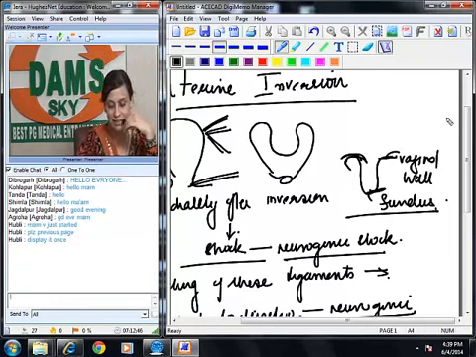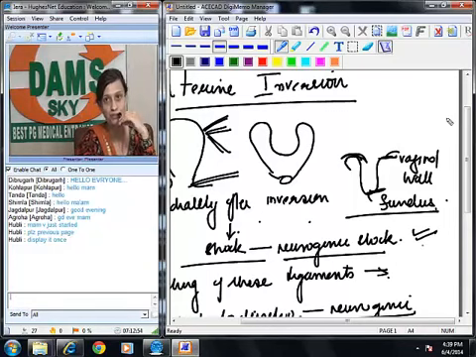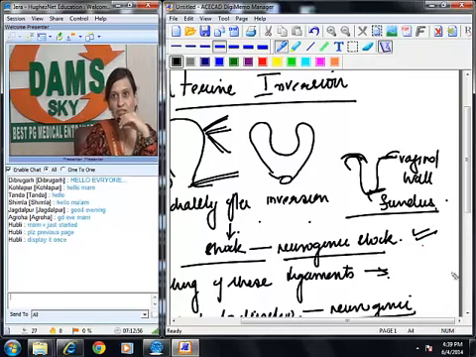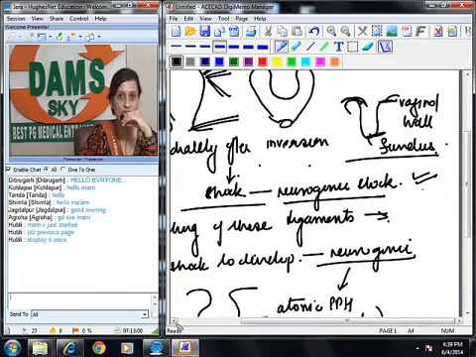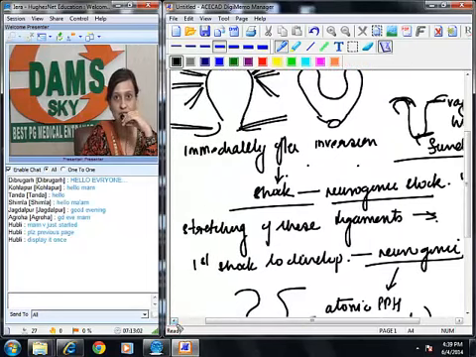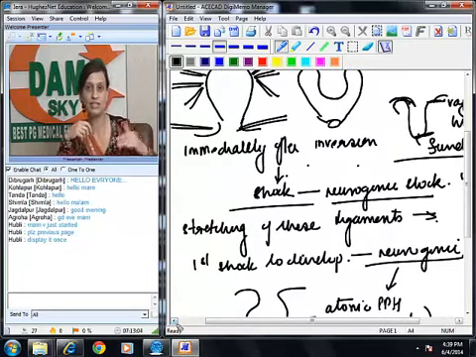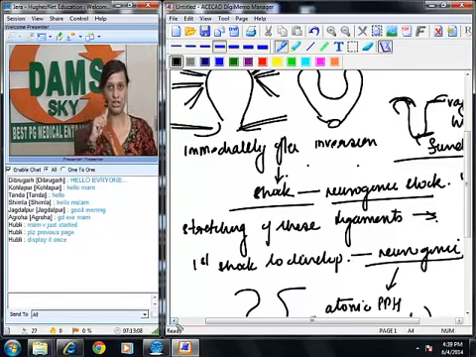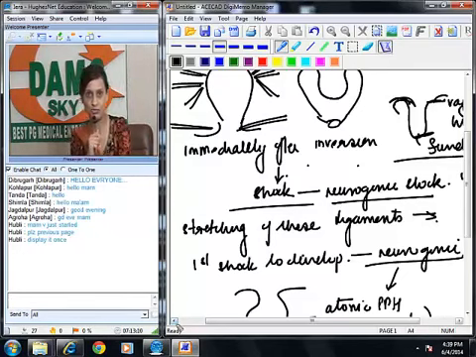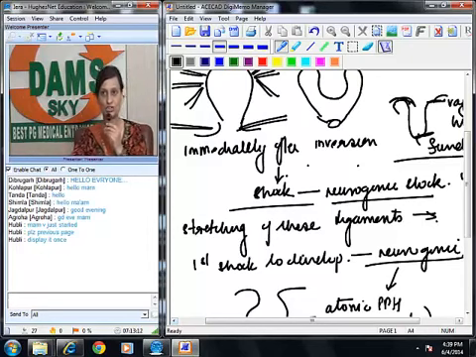Then we said that immediately after inversion occurs, the patient goes into shock, and the type of shock is called neurogenic shock, right? The reason for this neurogenic shock is stretching of the uterine ligaments. There are a lot of ligaments attached to the uterus, so these ligaments undergo stretching. They produce a vagal response, which in turn leads to neurogenic shock.